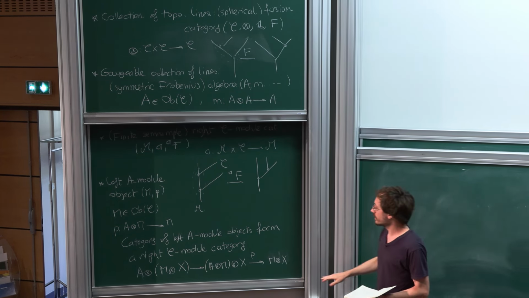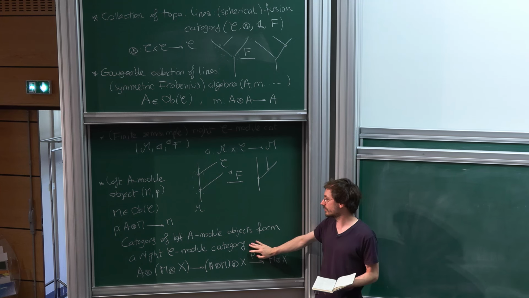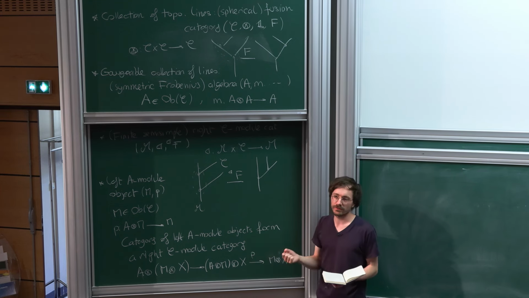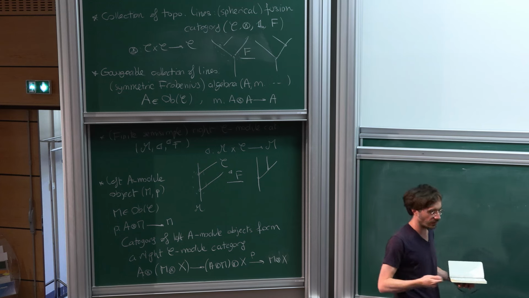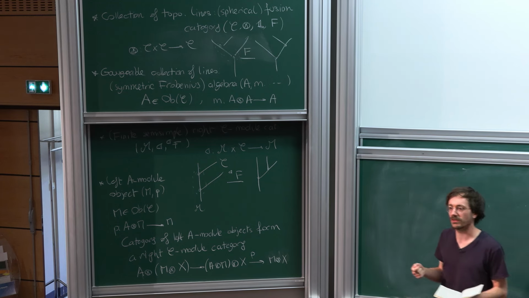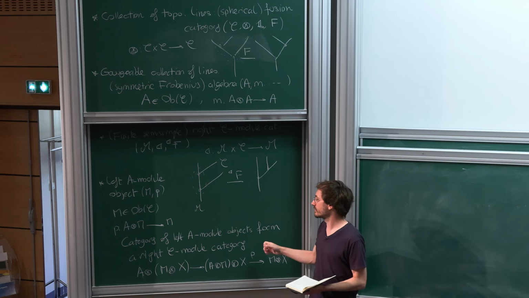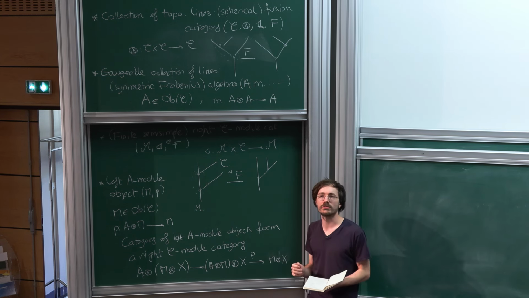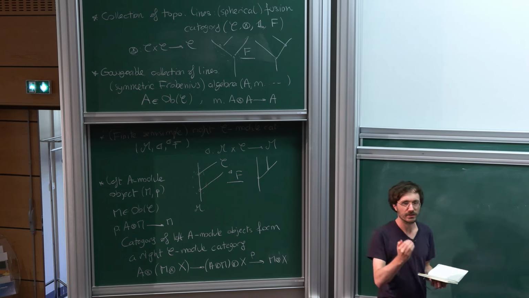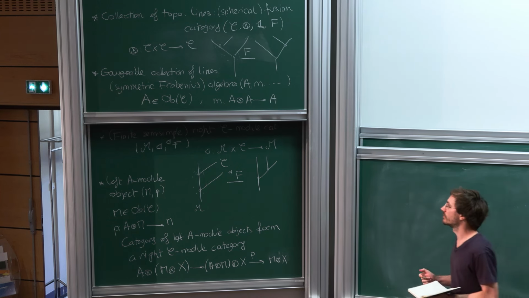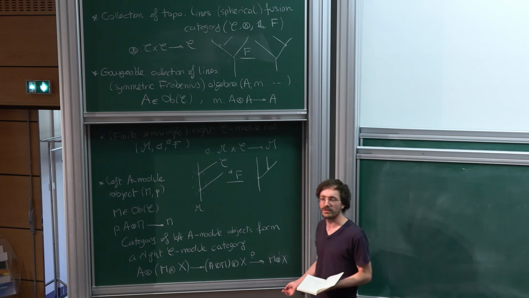This module category, especially in the lattice setting, will rather correspond to the effective theory. So once you do the gauging, you create some Gauss constraints that you can then solve to define an effective field theory, and the degrees of freedom of this effective theory will be given by the module category. So they don't correspond to exactly the same type of physical information, at least in the lattice setting.